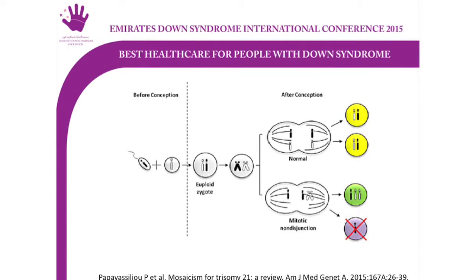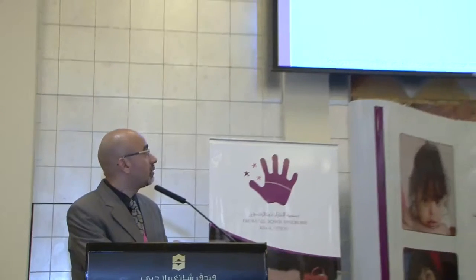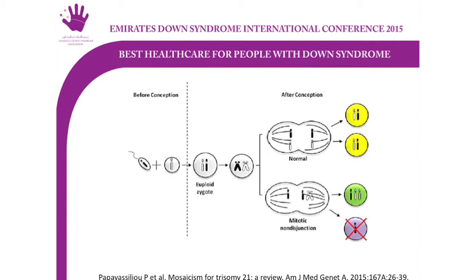So here we have a normal sperm, normal egg, we have a normal fertilized egg, and then the cell starts to divide. And at one point during cell division, we have non-disjunction, and 3 copies of chromosome 21 went to one cell, while 1 copy went to another cell. The 1 copy, again, is not viable, so this cell will not divide, but this cell will continue dividing.